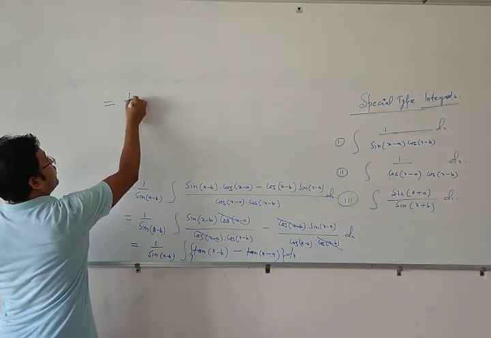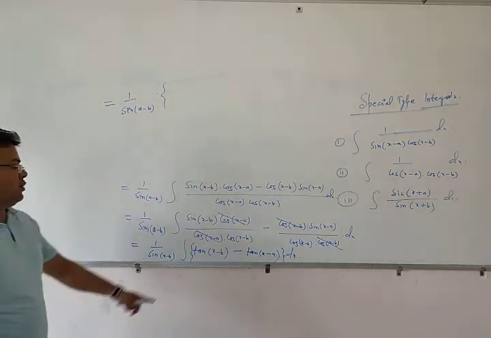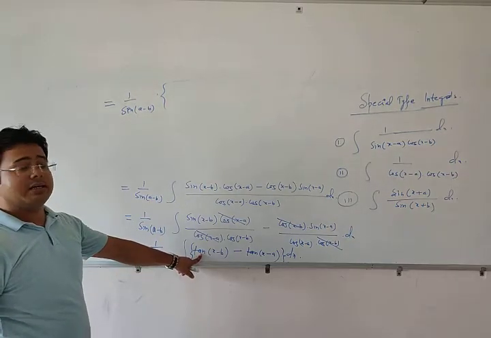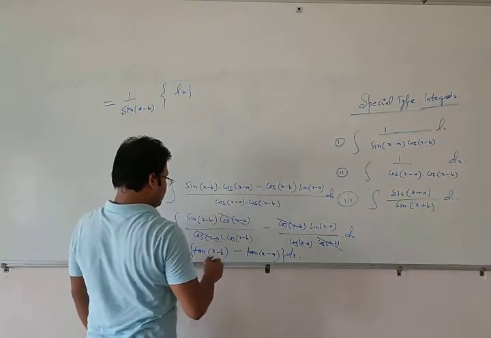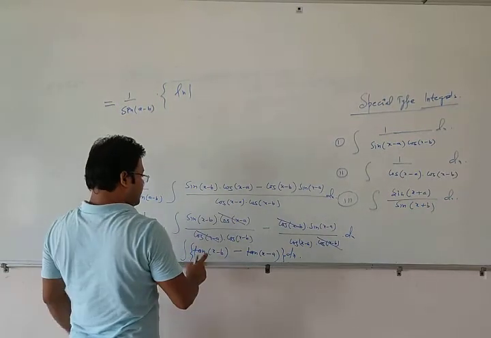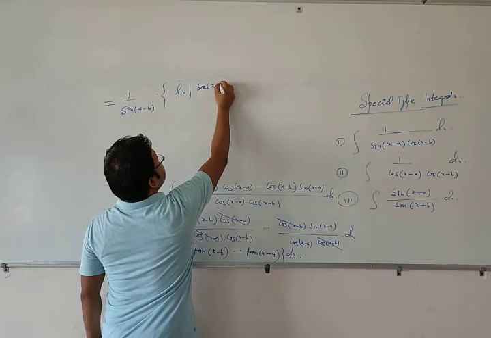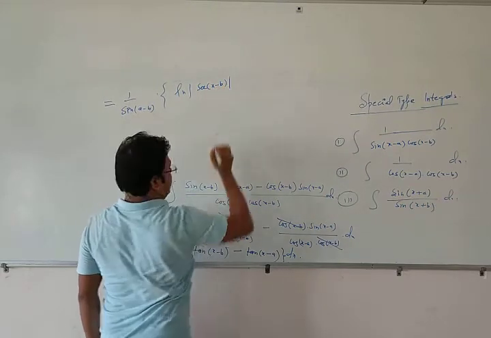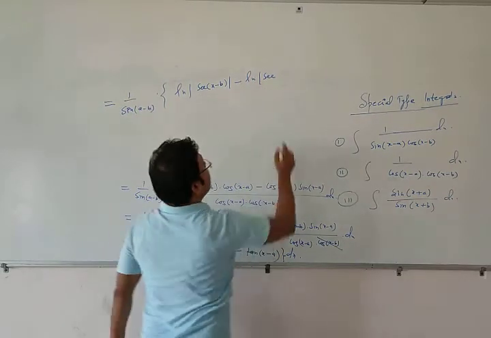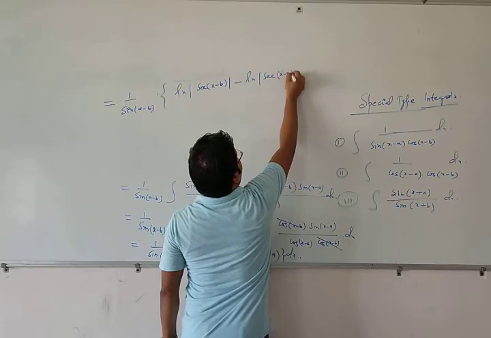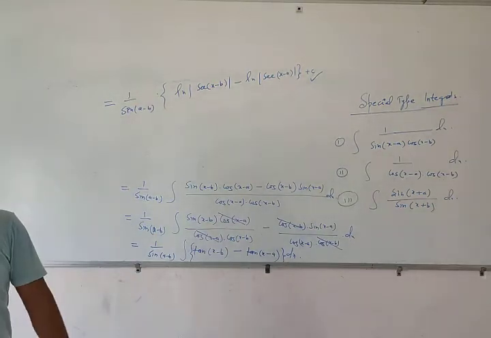So this is equal to 1 by sin(a minus b). And what is the formula of integration? What is the integration of tan x? It is ln mod sec x. So ln mod sec(x minus b) minus ln mod sec(x minus a), curly bracket close, and put the constant term, and this is the final answer.